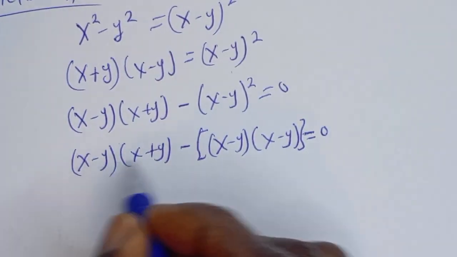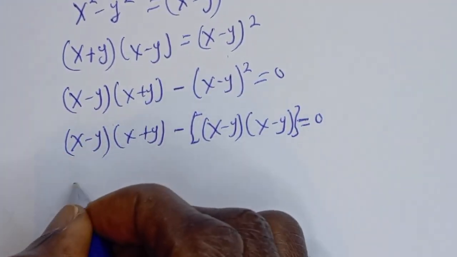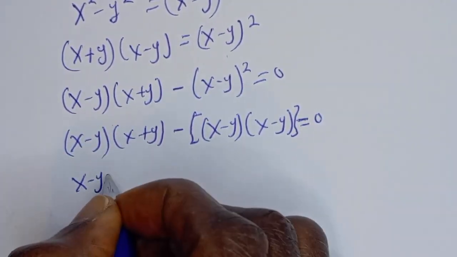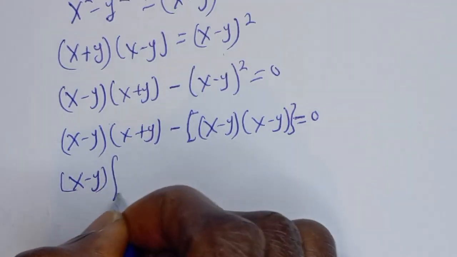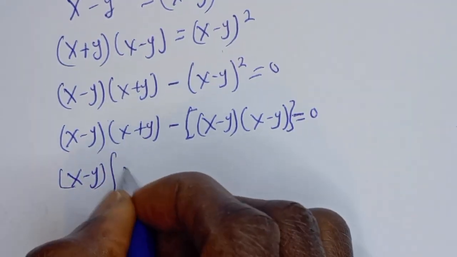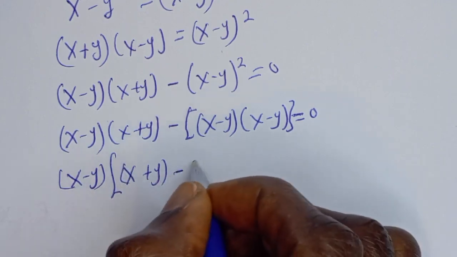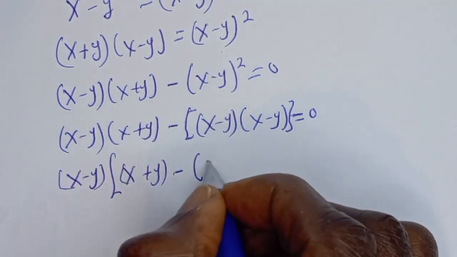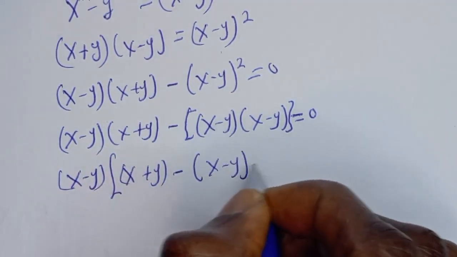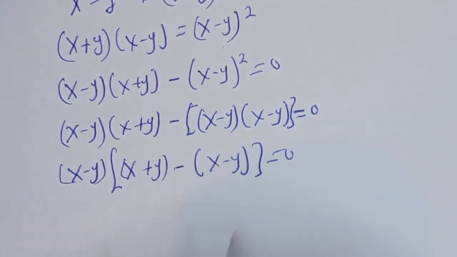And if you look at this, x minus y is common. Let's bring it out. We have (x minus y) bracket, if you divide this by this, we have x plus y minus, if you divide this by this, we have x minus y, equal to 0.